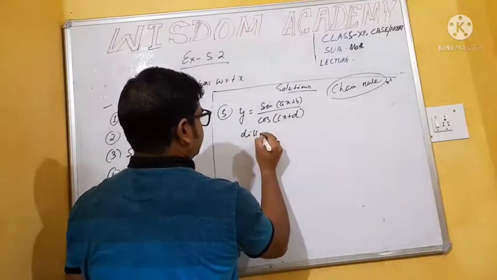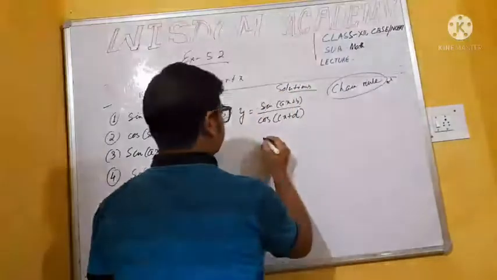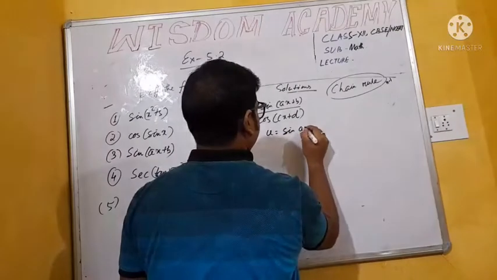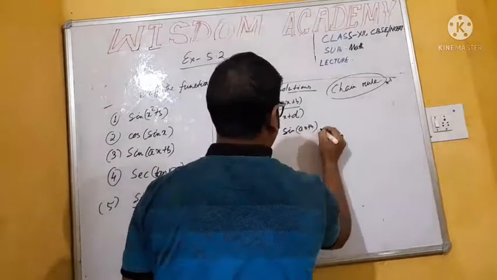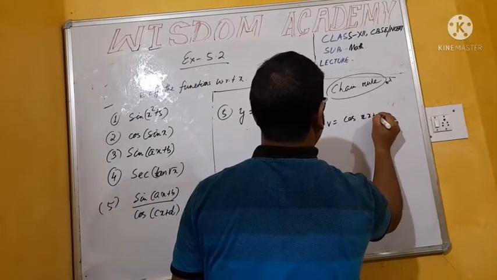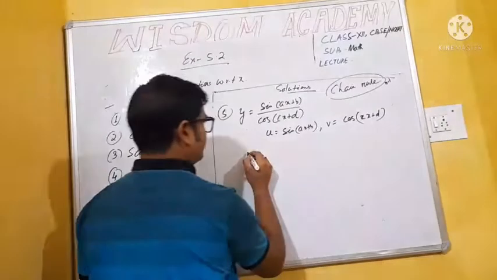Differentiating both sides, at first take u is equal to sin ax plus b and v is cos cx plus d, by applying the division rule or quotient rule.